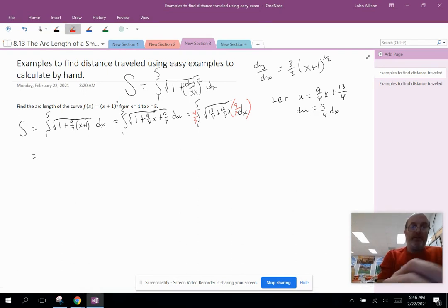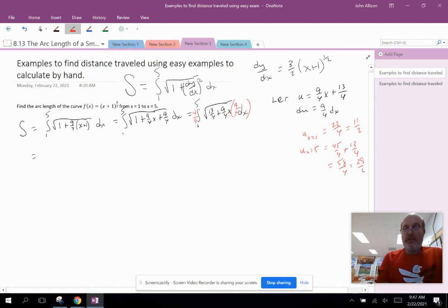Now let's figure out our change of limits of integration. The lower limit of integration, when x equals 1, then u is going to be 9/4 plus 13/4, or 22/4, which is, of course, 11 halves. And when x equals 5, our upper limit of integration, u is going to be 45/4 plus 13/4, which is going to be 58/4, or 29 halves.